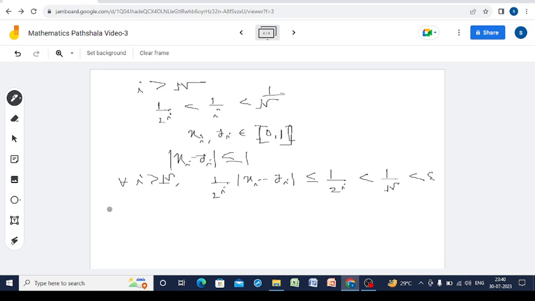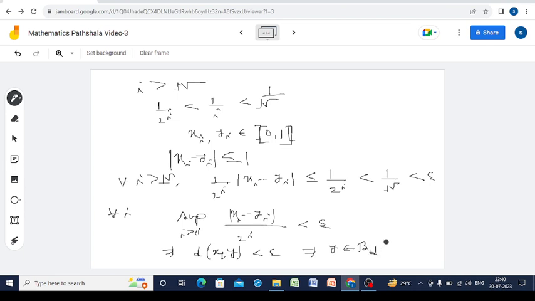So what we get, that for any i belonging to the natural numbers, for any i greater than or equal to 1, mod xi minus yi by 2 to the power i is less than epsilon, and this is our d(x,y) by the definition of d. So d(x,y) is less than epsilon, so our y belongs to B_d(x, epsilon).